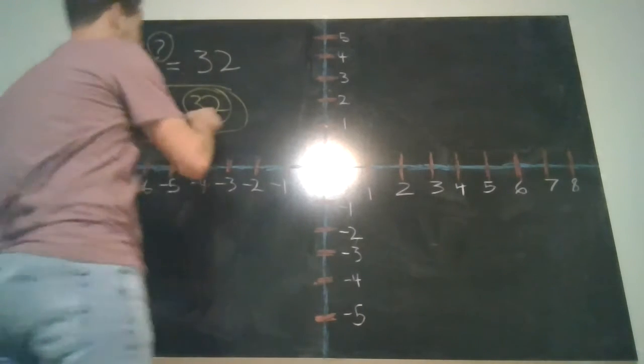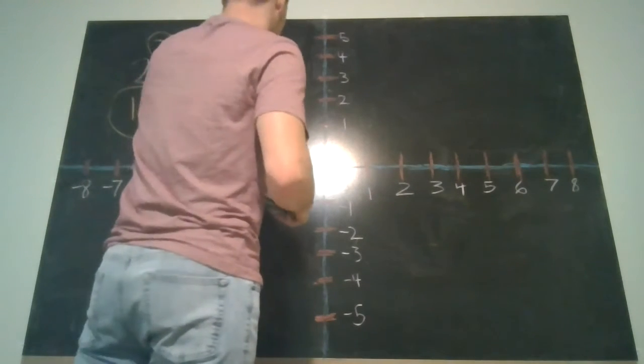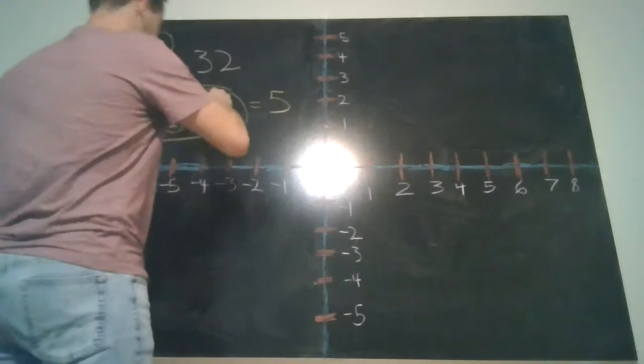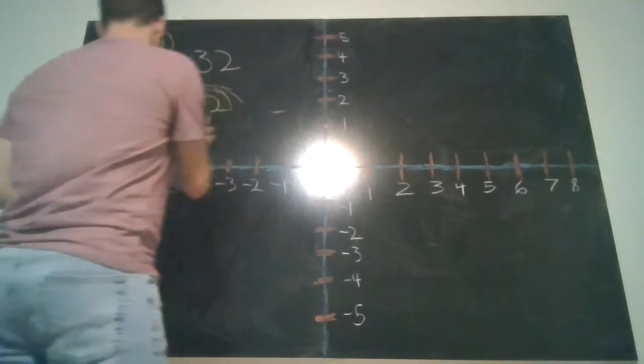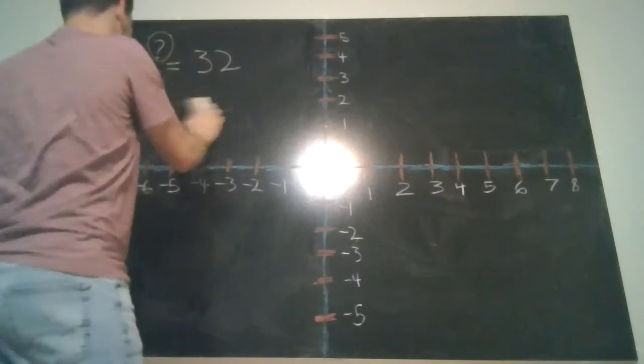So the log base 2 of 32 is equal to 5, because you need 2 to the 5th power is 32. This can be extended, of course, to other bases.